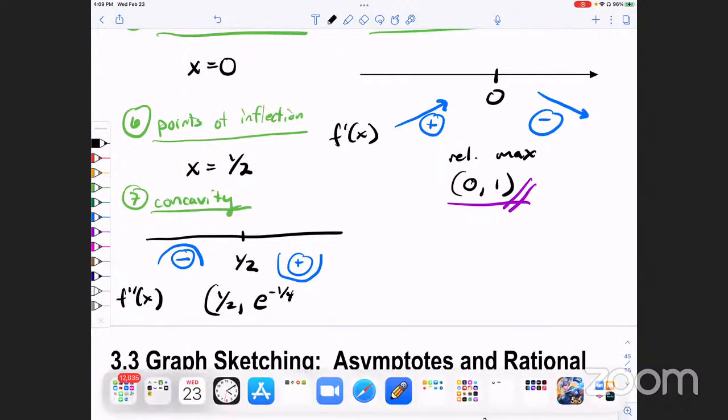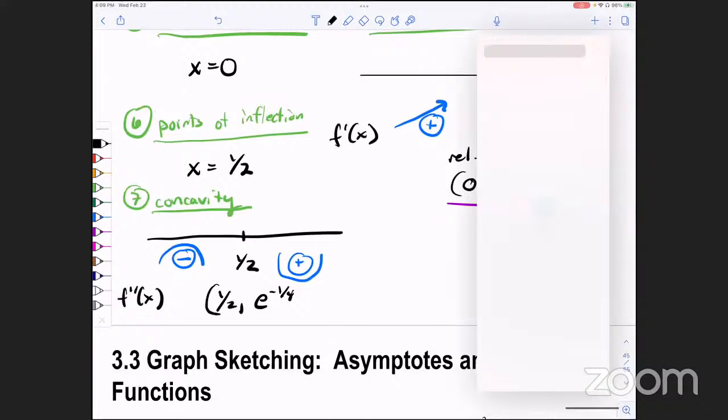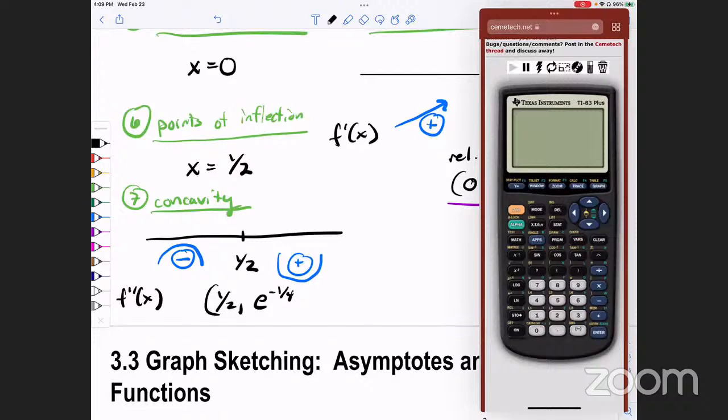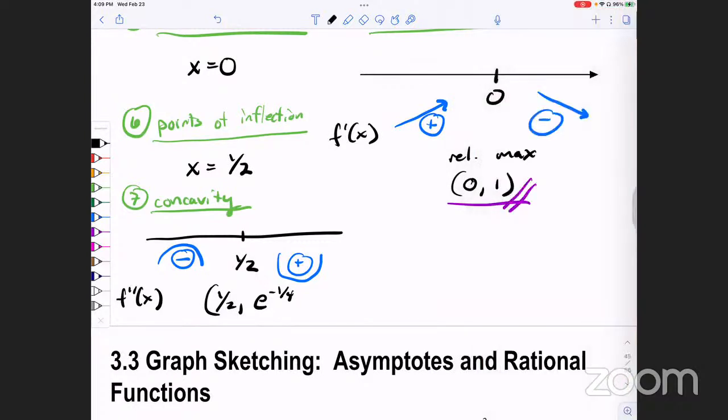Let me crunch that number really quickly. If I do e to the power of a negative 1/4, it's approximately 0.78. So we do have a point of inflection, provided we haven't made any mistakes.